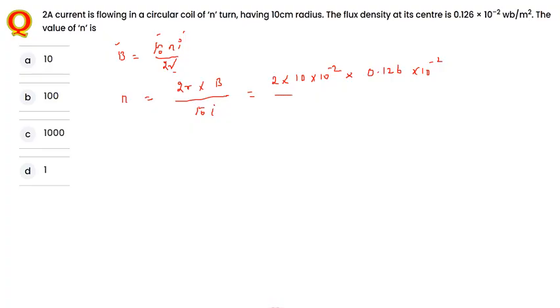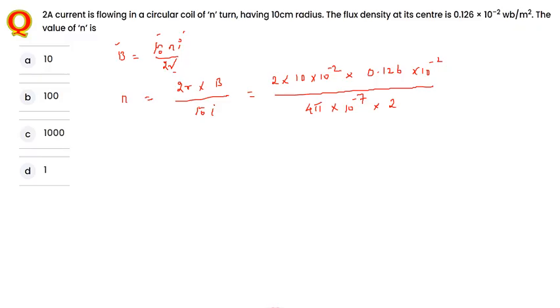Now whole divided by mu naught, which here is 4 pi into 10 power minus 7, into the current value, which they have given here as 2 ampere.